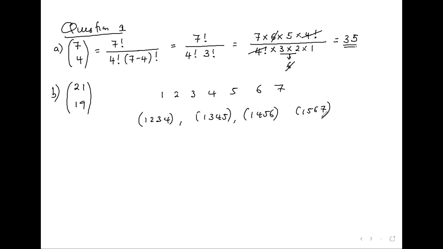So you see that we still have so many. You come back and 2, 3, 4, 5. 2, 3, 5, 6, or 3, 6, 7. There are so many, but they are saying altogether there will be 35.